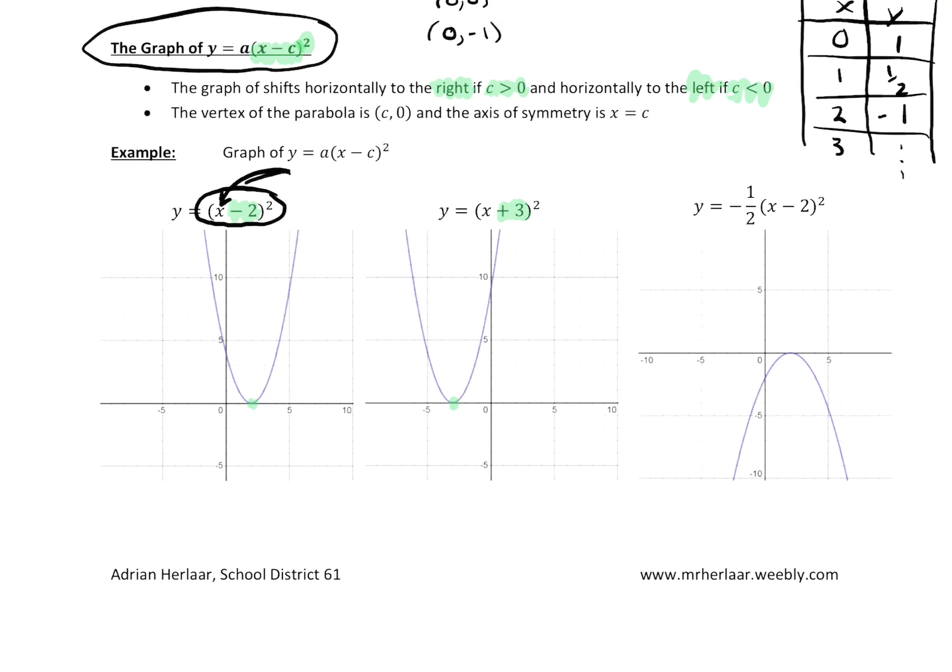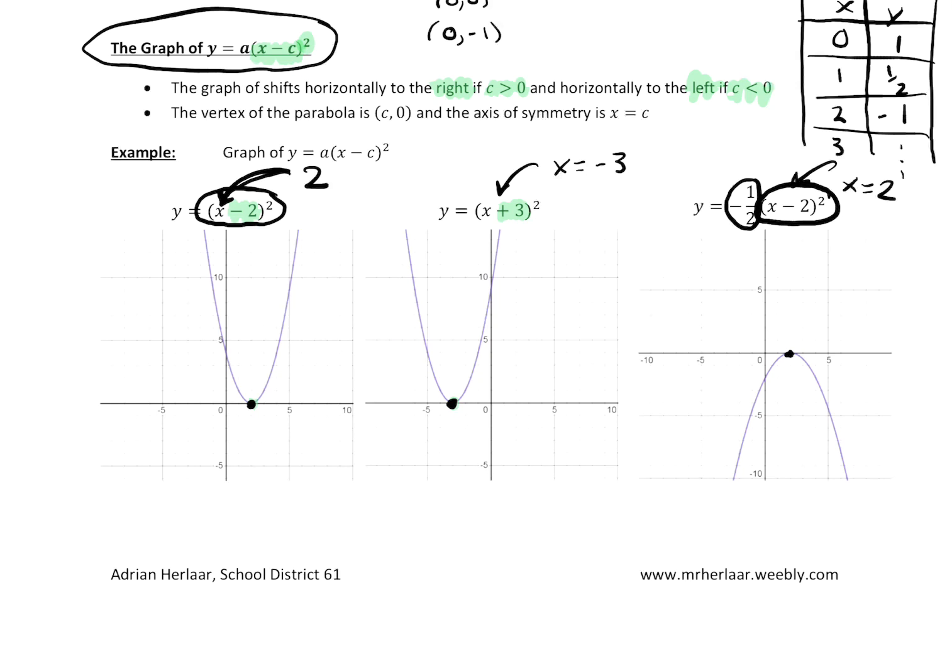So what makes this equal to 0 when x is 2? Because 2 minus 2 is 0. And look, x is 2. What makes this 0 when x is negative 3? Well, look, we're at negative 3. What makes this 0 when x is 2? Right there.